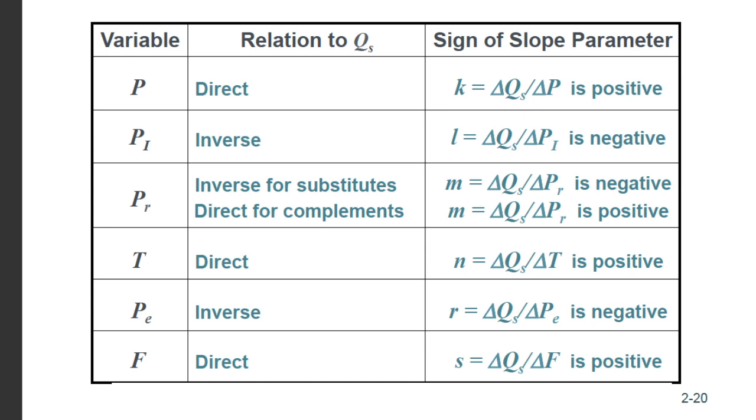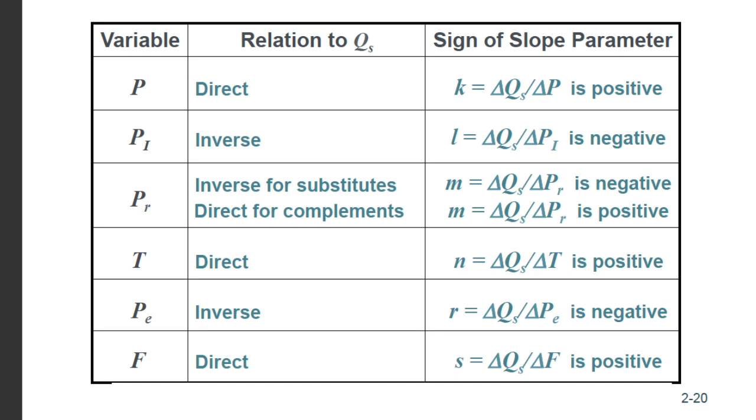As the price of inputs increases, that makes the cost of production higher, so that will reduce the amount supplied. Inverse relationship. Now substitutes are a negative relationship with the quantity supplied, because producers can trade off one for the other. And complements would be a positive relationship.